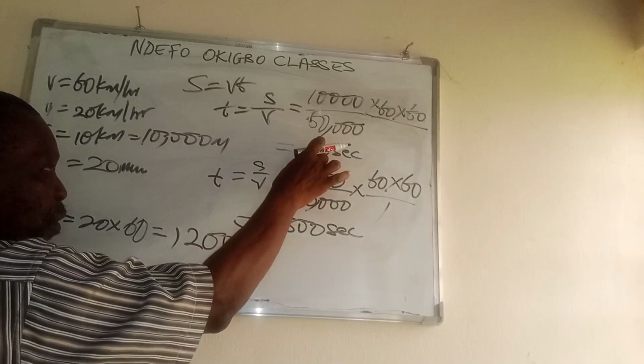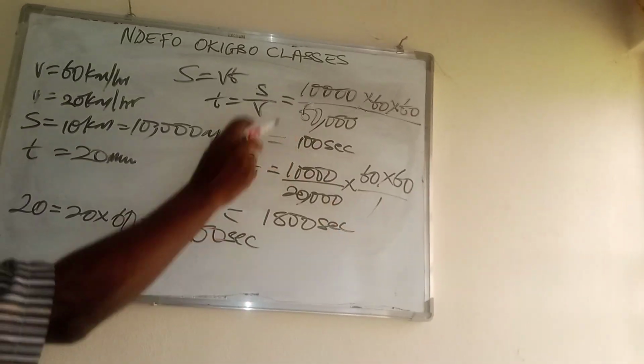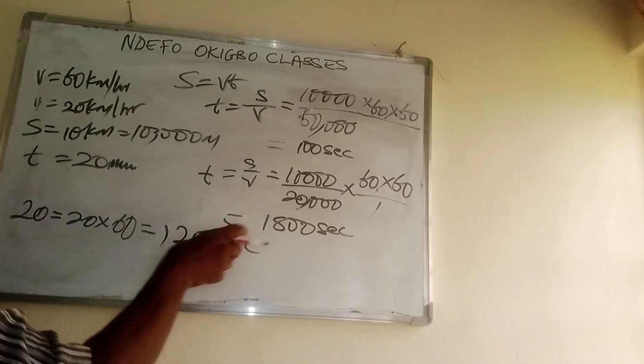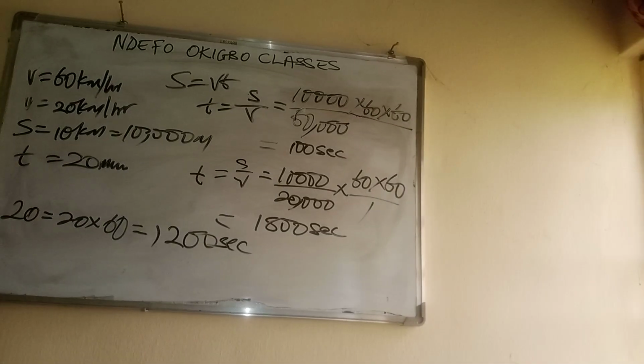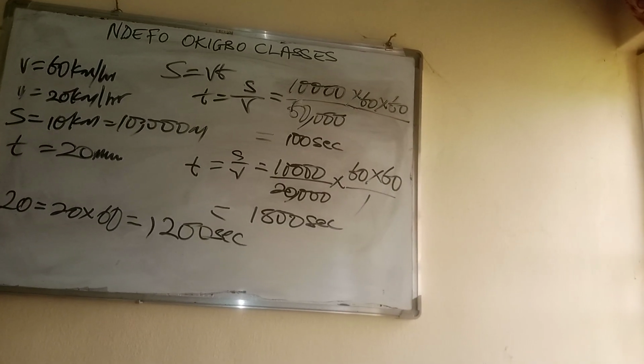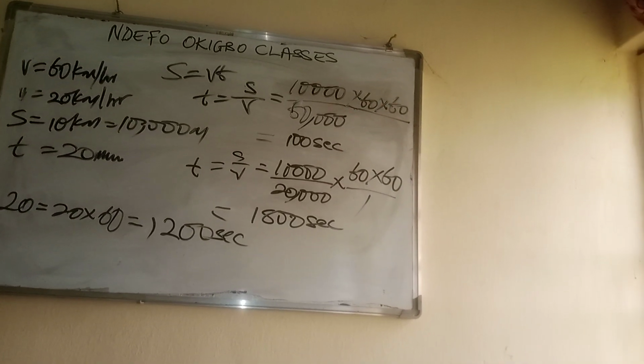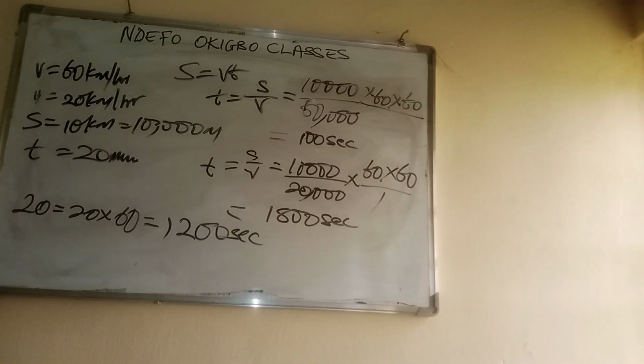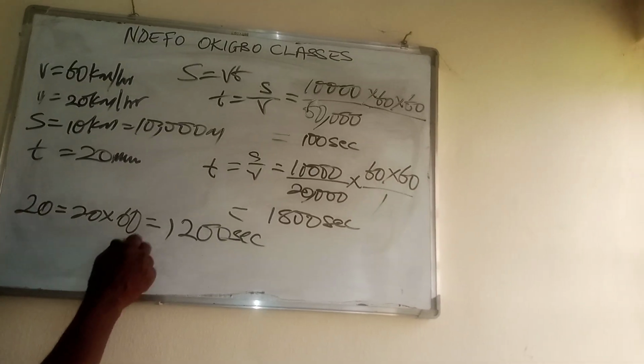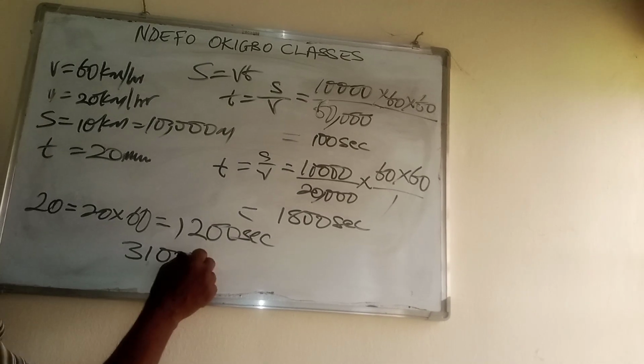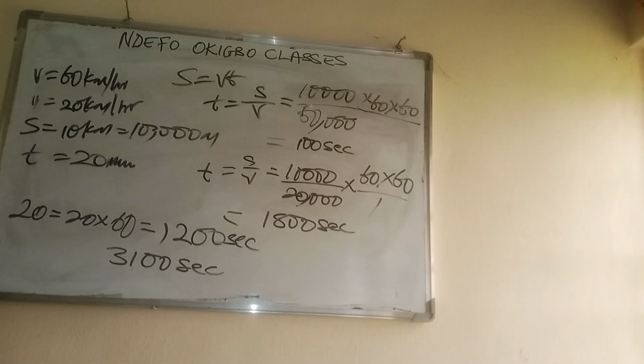time used: the time for the vehicle going to the site, the time for the vehicle coming back, and the time for loading. If I add all of them, it gave me 3,100 seconds. So this is the time the whole operation took.